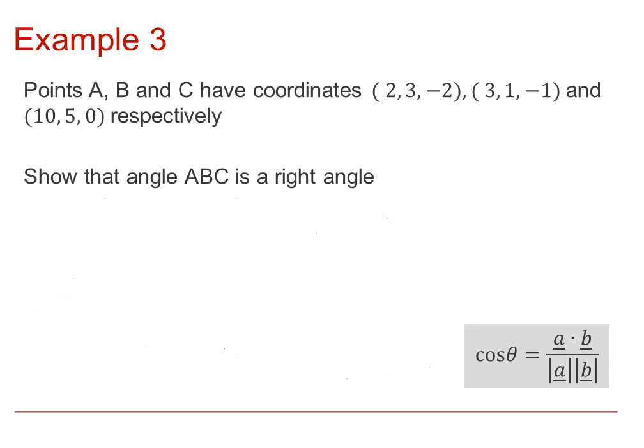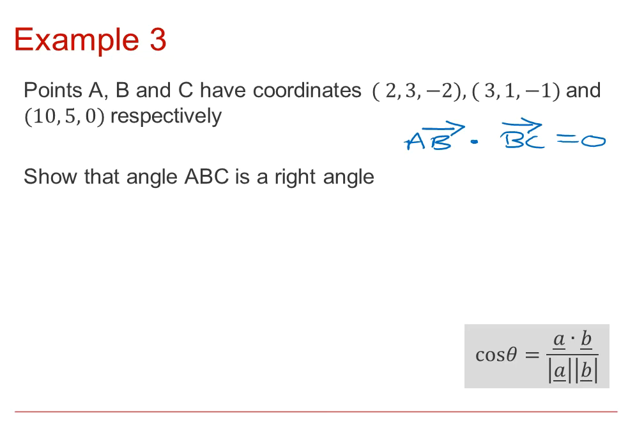In this third example, points A, B and C have coordinates (2, 3, minus 2), (3, 1, minus 1), and (10, 5, 0) respectively. We need to show that angle ABC is a right angle. In this case, we are trying to show that AB dot product with BC equals 0.